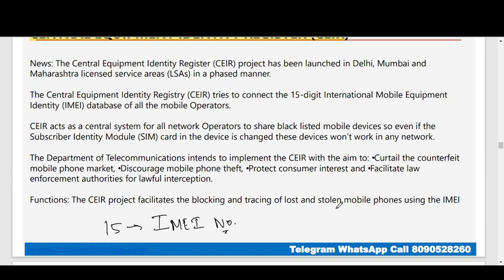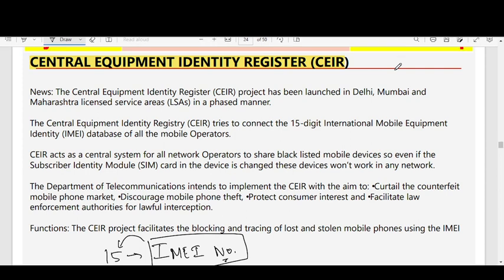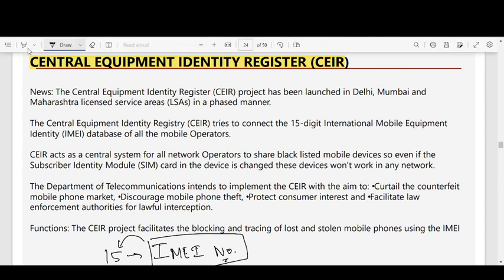In the same way, each phone has its own IMEI number, which is unique to that phone only, and this is 15 digits. So now CEIR, Central Equipment Identity Register, is making a database of all people's IMEI numbers, and tries to connect the 15 digit IMEI number. IMEI full form is International Mobile Equipment Identity, a database of all my mobile operators.